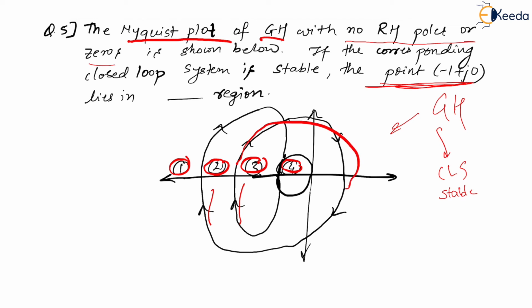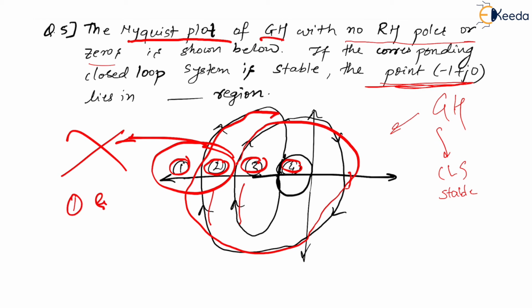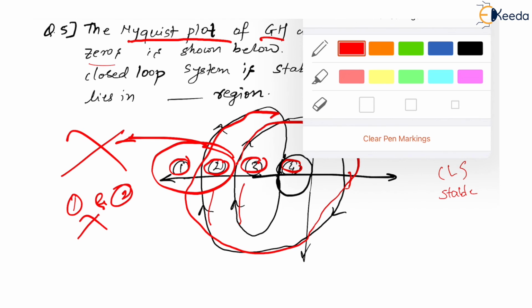Because this is the circle, these are the semicircles. Which means 1 and 2 are discarded, right? Now either 3 can be there or 4 can be there. So let me place it at 3 and check what the encirclements are.